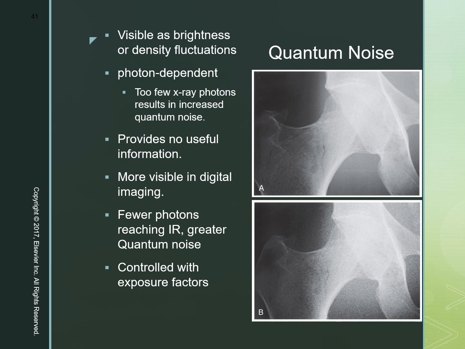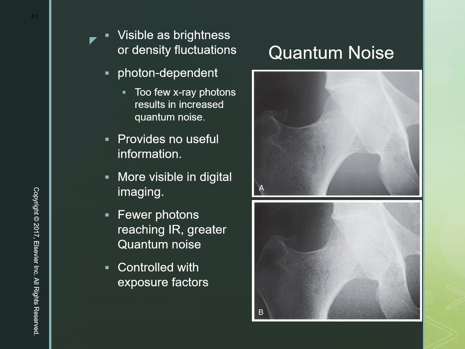Okay, quantum noise, as you know, we could call this quantum mottle. This is visible as brightness or density fluctuations. This is caused by low levels of mAs or inadequate levels of mAs. And so we are simply not getting enough data on the image receptor to provide our resolution. This is when we talked about the example of maybe spray painting our globe.